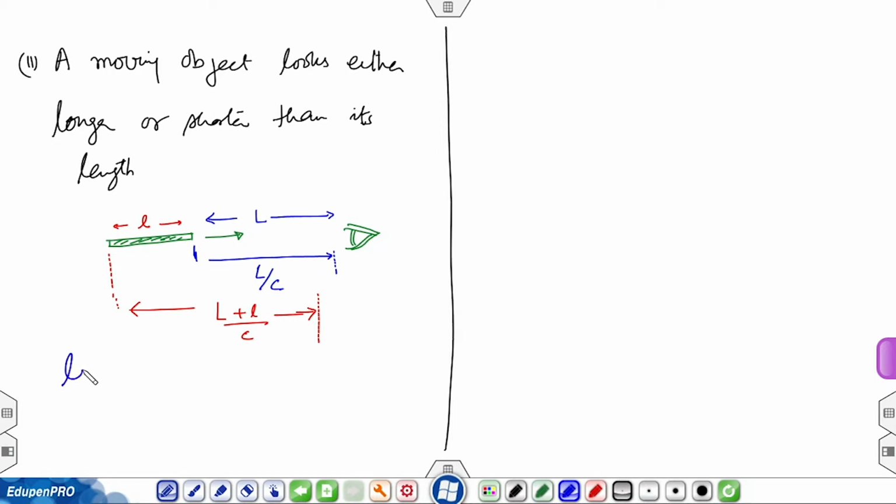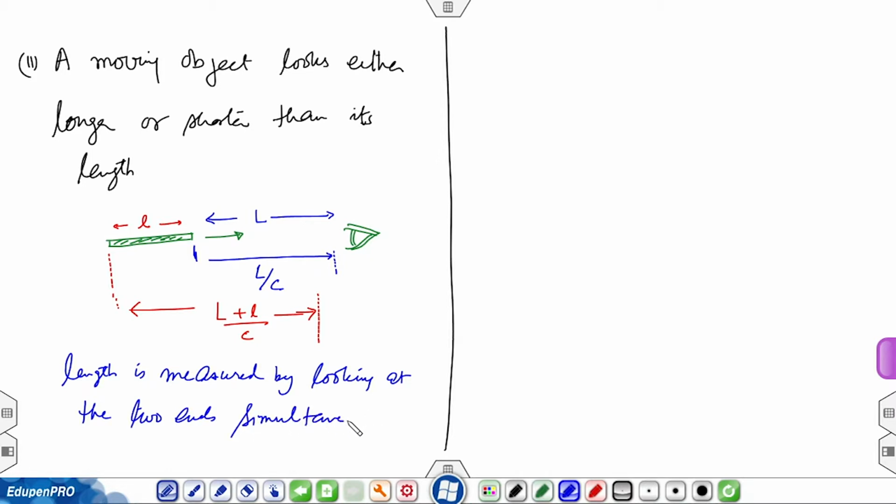Now, length is measured by looking at the two ends simultaneously. So, this pulse starting from the back end is falling short. So, what it has to do is leave a little earlier.